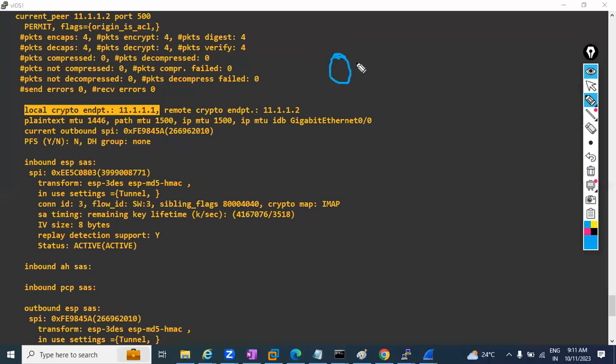So this is my 11.1 and this is 11.2. Right now I'm on this side, so it's asking who's the local crypto endpoint. It's 11.1. And who's the remote one? For site A, B is the remote site here.